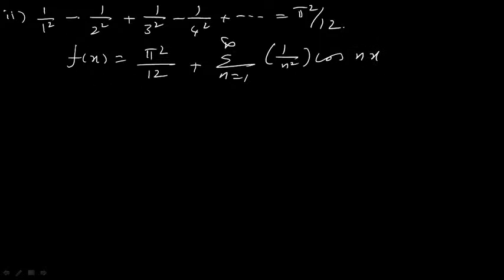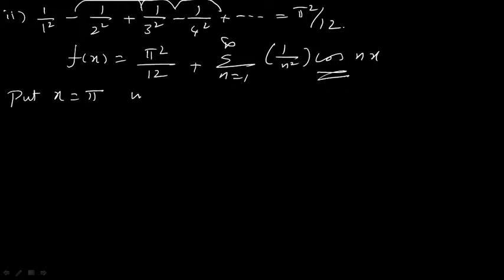So here look at the series, this is a series of alternately positive and negative. Here we have only a cosine series. If it is a series of alternately positive and negative terms, as I told you already, you just substitute x equal to pi.